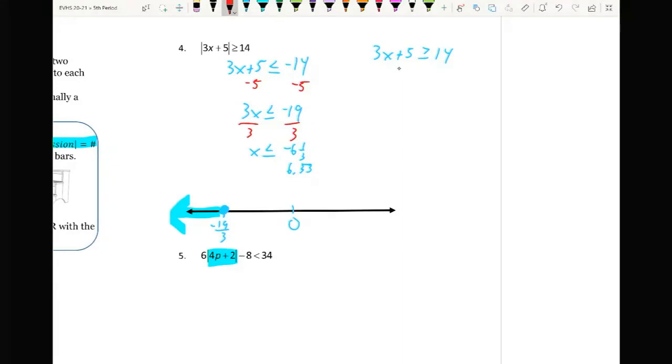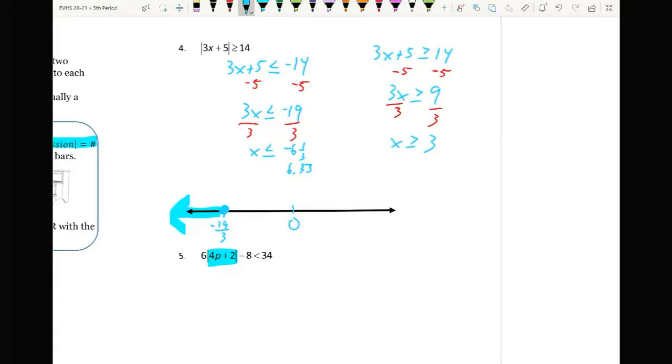Okay, now let's do the right-hand side. Subtract 5 on both sides. Gives me 3x is greater than or equal to 14 minus 5 is 9. Divide both sides by 3. Gives me x is greater than or equal to 3.